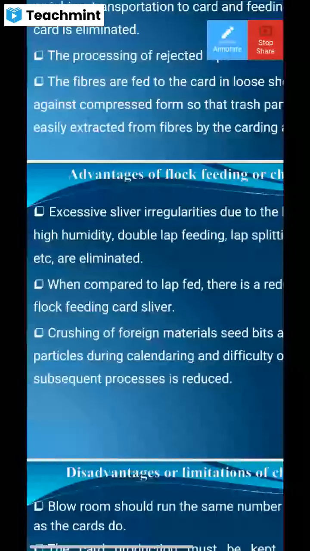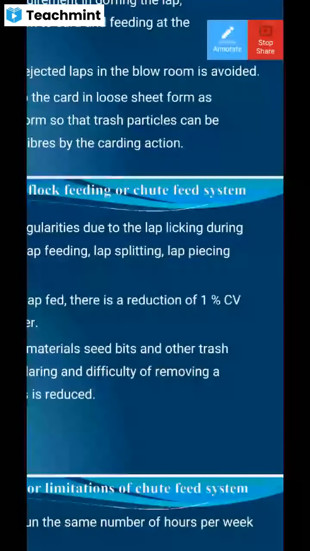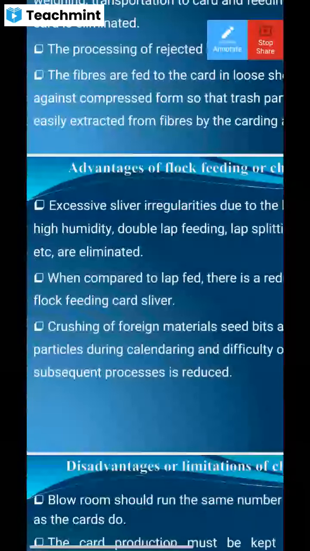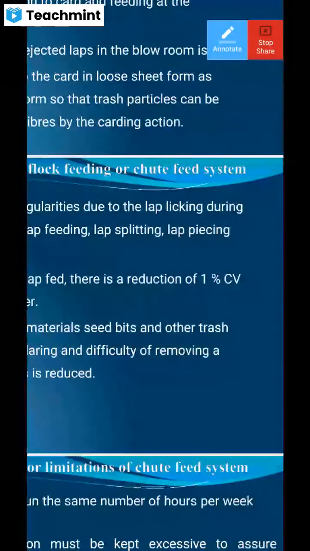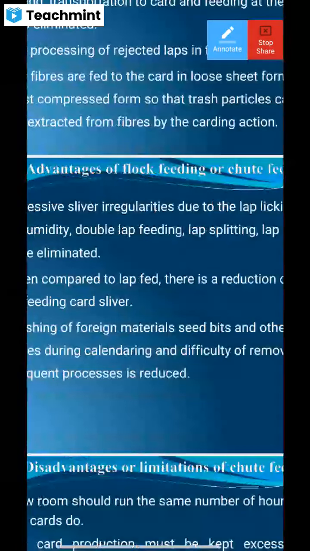So those are eliminated. In this point, a highly important point: excessive sliver irregularities due to lap licking during high humidity, double lap feeding, lap splitting, lap piecing, etc. are completely eliminated in the flock feeding automation system.